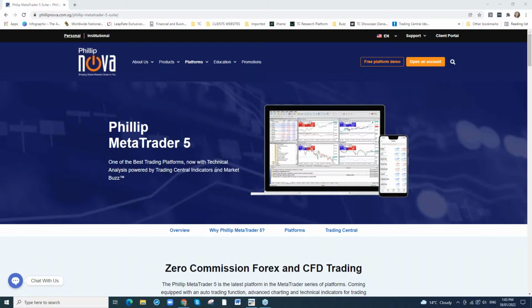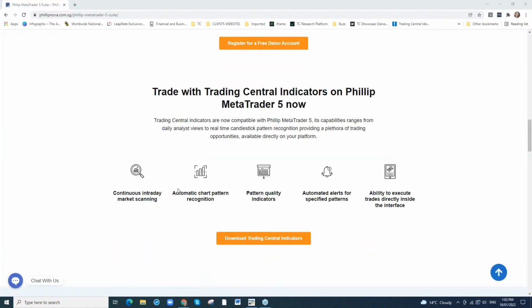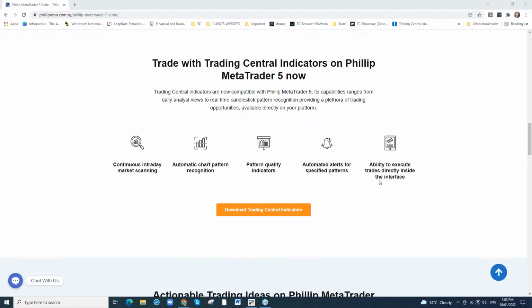I wanted to introduce you or remind you about Trading Central tools available on the website. If you would like to use our tools, you can find them on the website under Platforms and Philip MetaTrader 5 Suite. If you scroll down, you will get more information regarding our plugin, and you can just click here and download Trading Central indicators.